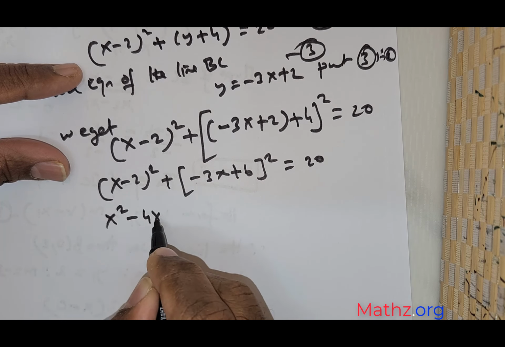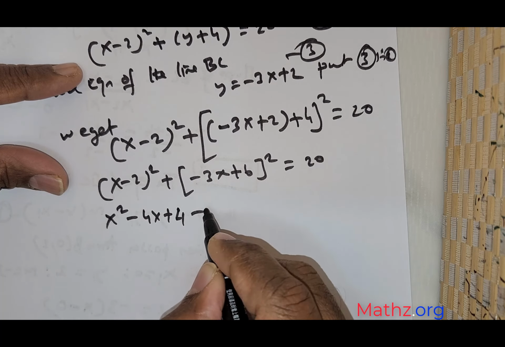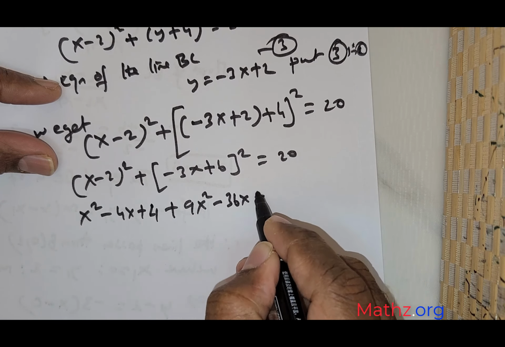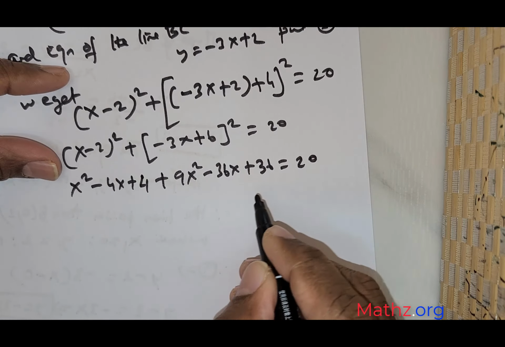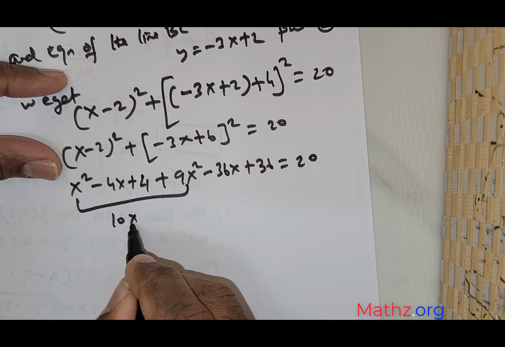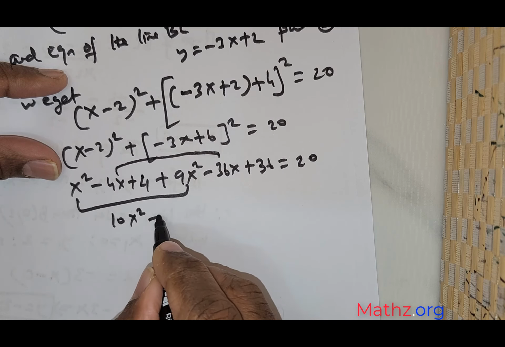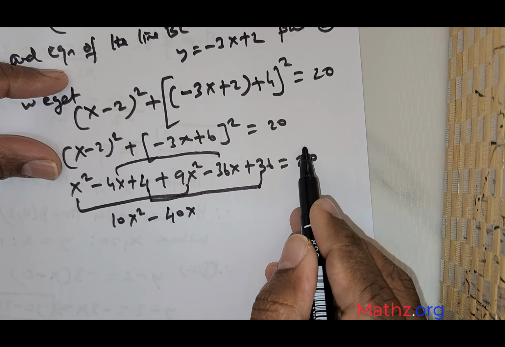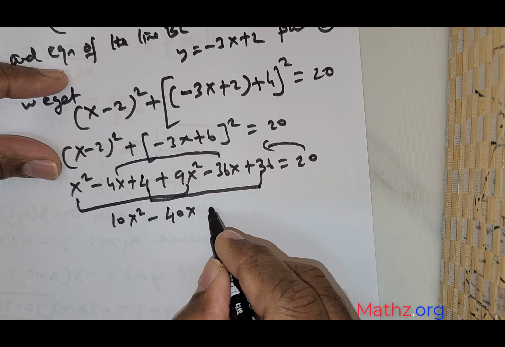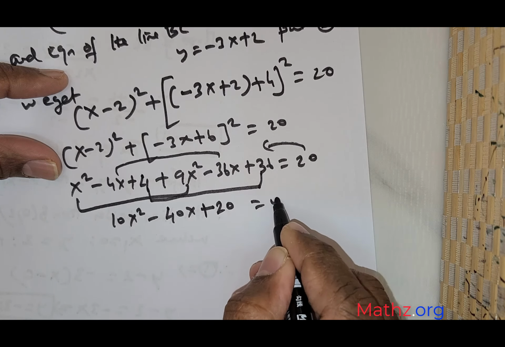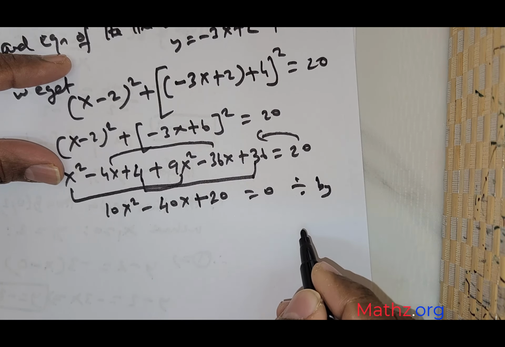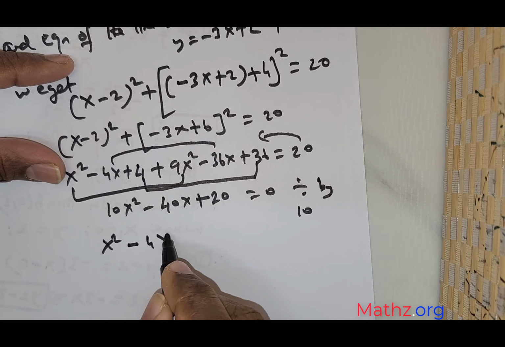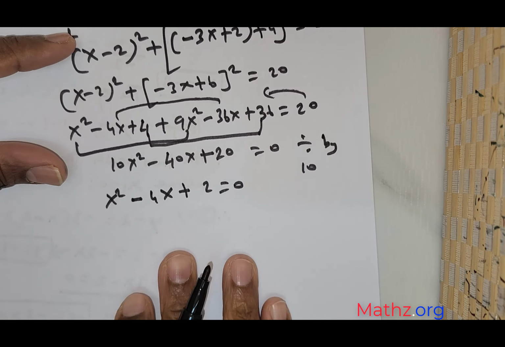This will give you x² - 4x + 4. This would give you positive 9x² - 36x + 36 = 20. I can add these two, that would give me 10x². I can add this with this, that would give me -40x. I can add this with this, that is 40. I can move this, that's going to be -20. So this would become +20 = 0. I can divide by 10. That would give me x² - 4x + 2 = 0.